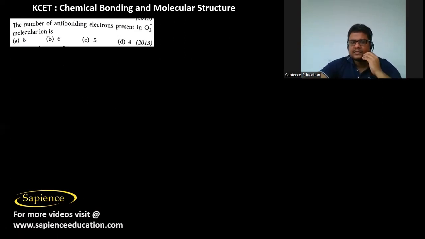Then here it is told, the number of antibonding electrons present in O2 minus molecular ion is?